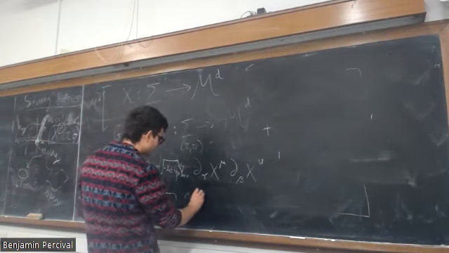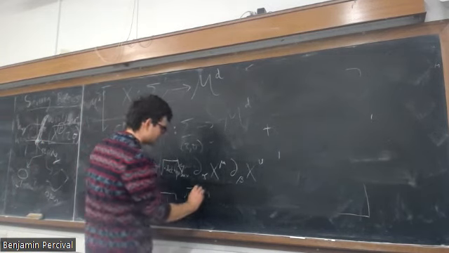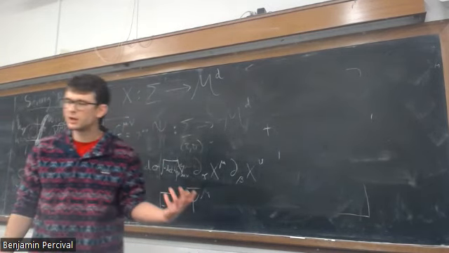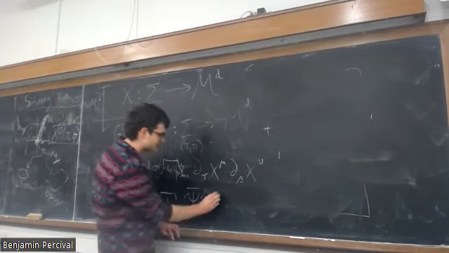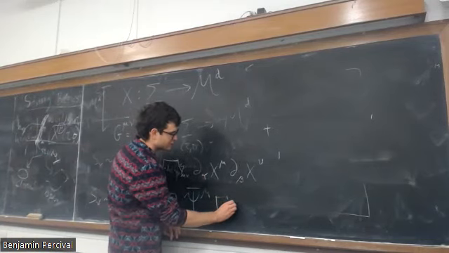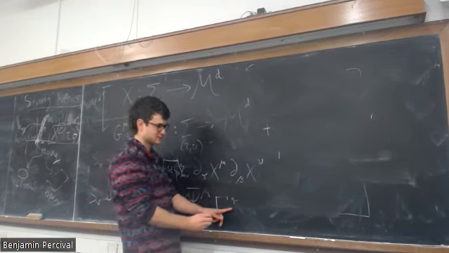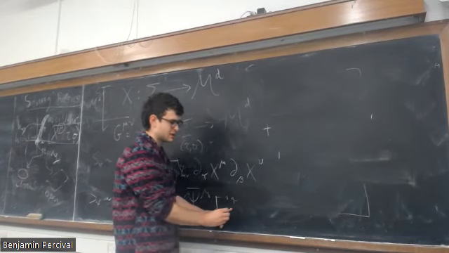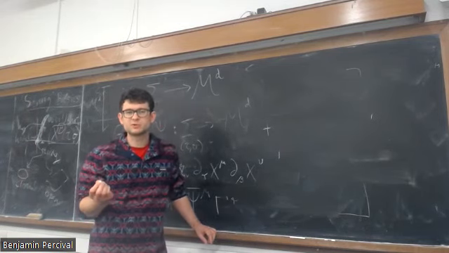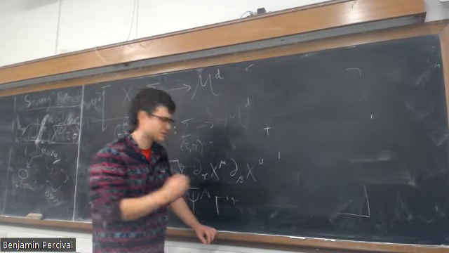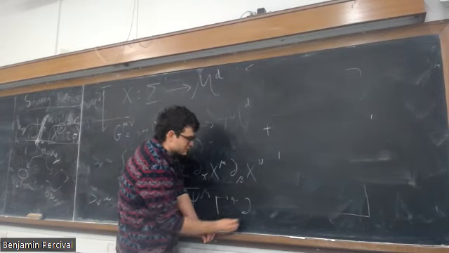Then you've got a Dirac-like term: psi mu bar, then a gamma matrix with a spinor index, multiplied by a derivative.